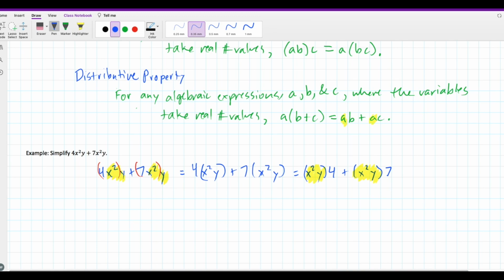So here we have that a that's in common, except now the expression that a is representing is x squared y. So the distributive property tells us we can instead treat this as a, which in this case is x squared y, multiplied by the sum of the two other values. Well, what are the two other values?